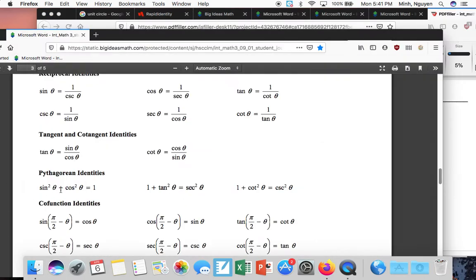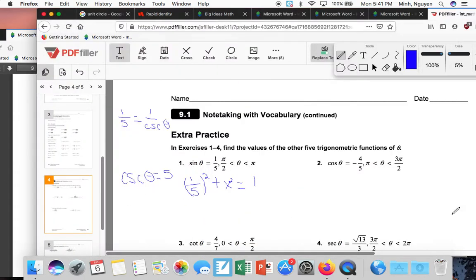So I'm using this formula: sine squared plus cosine squared equals 1. And 1/5 squared is 1/25. And then I will go ahead and subtract 1/25 from both sides. So I get x squared equals 1 minus 1/25, which is 24/25.